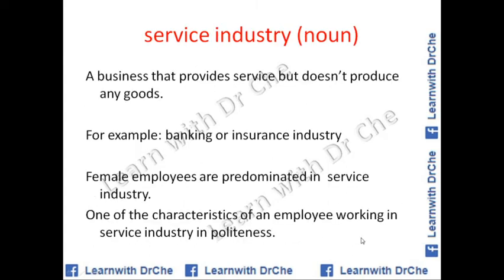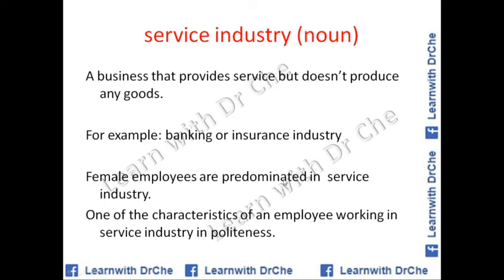Okay. So the next is service industry, a business that provides service but does not produce any goods. Okay, they are not going to manufacture any medicine to treat COVID-19 or coronavirus. They are just giving a service. For example, banking or insurance industry.